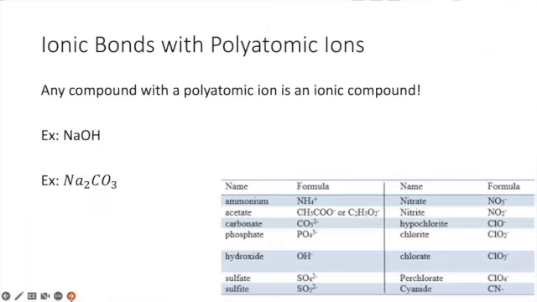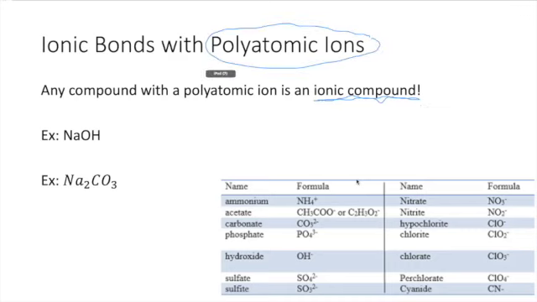So there's always exceptions, right? A fun thing about ionic bonds is that they can form another ionic bond with what's called a polyatomic ion. A polyatomic ion is what's listed down here in this chart.